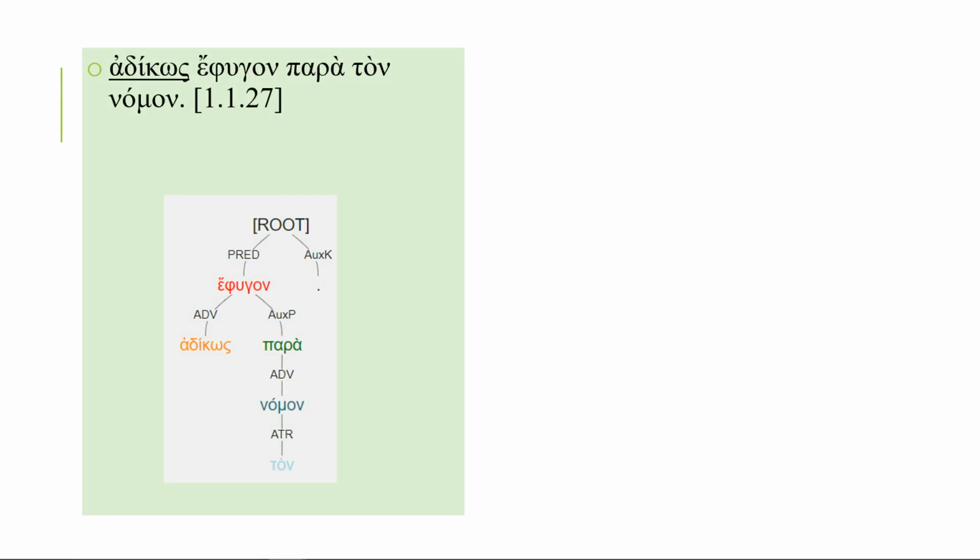Adikos ephugon para ton nomon. Now remember, para ton nomon, para with the word nomon in the accusative means contrary to. The verb is ephugon, and by now you probably recognize that as they fled. So they fled contrary to the law. Contrary to the law is a preposition acting adverbially here. But that's not the only thing going on. We also have adikos.